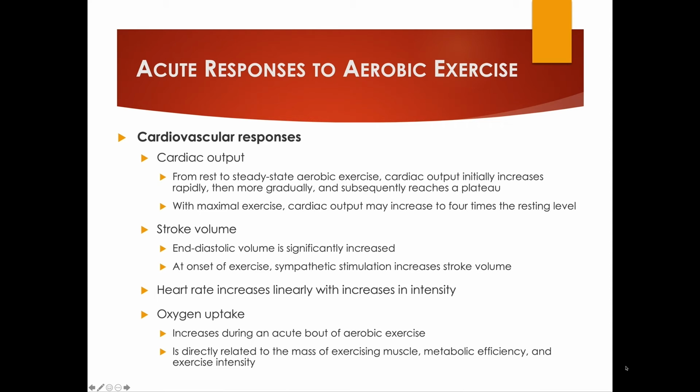All of that is going to then directly relate to how much oxygen can be uptaken at that given time. Now oxygen uptake is a training adaptation. The more you train, just like stroke volume, both of those, the more you train, the better they become, so the more they can handle the given stress at a given workload.